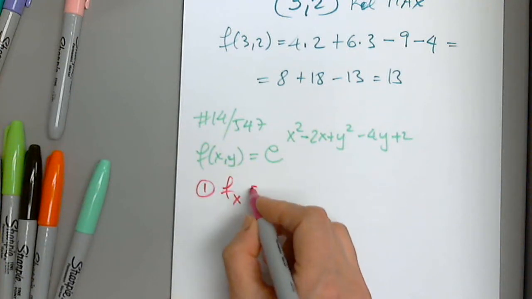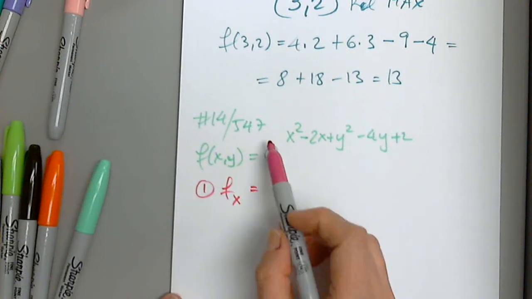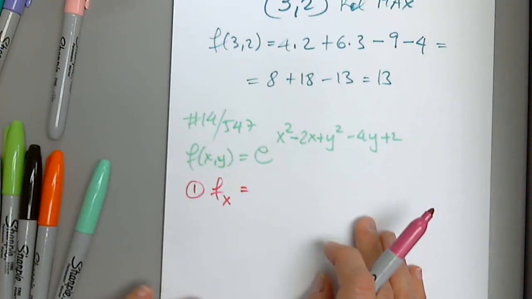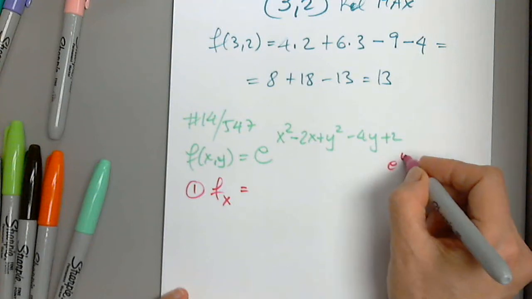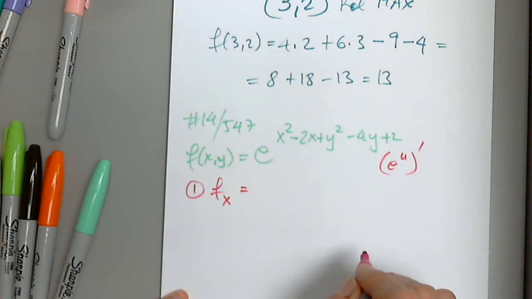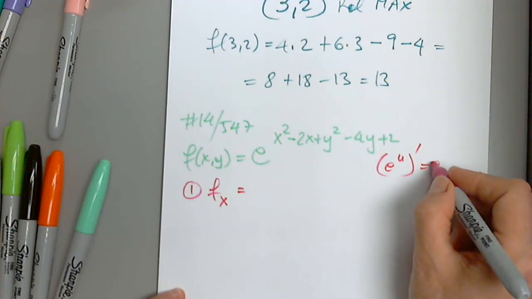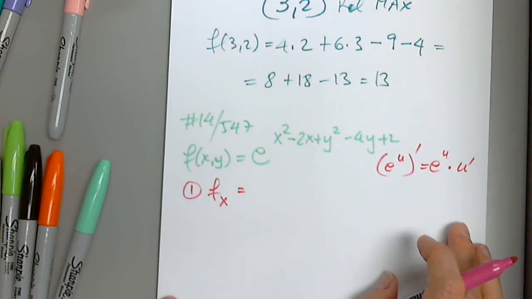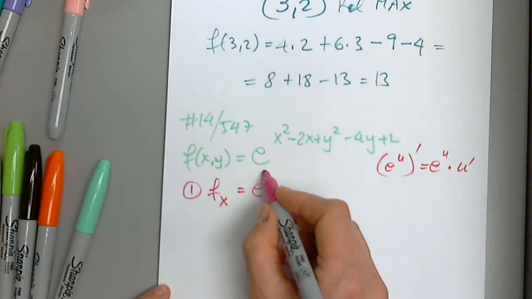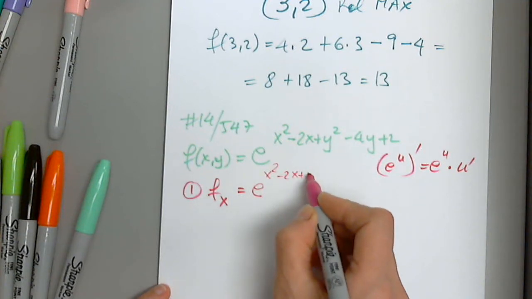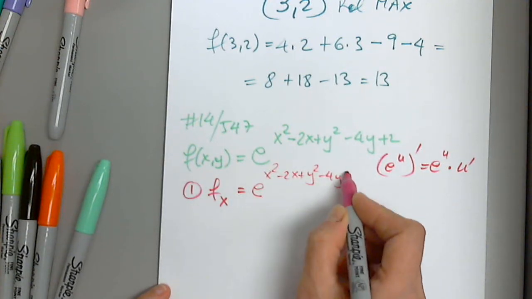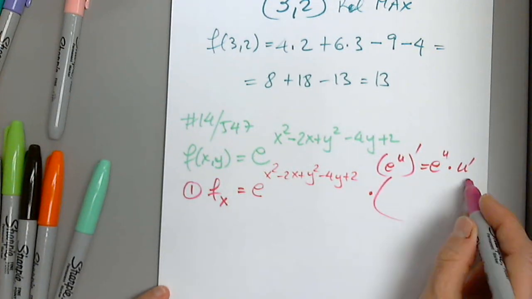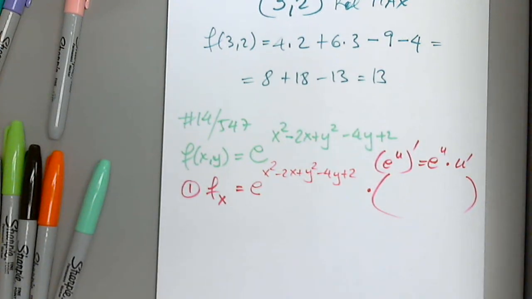fx first. Good. So I'm differentiating this function with respect to x, keeping y as a number. Remember, this is e to u. When I differentiate e to u, I write e to u times u prime. Excellent. So then I have e to u times u prime, and I'm only differentiating with respect to x.